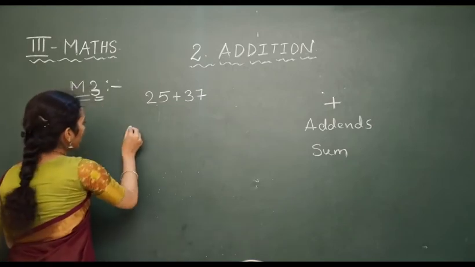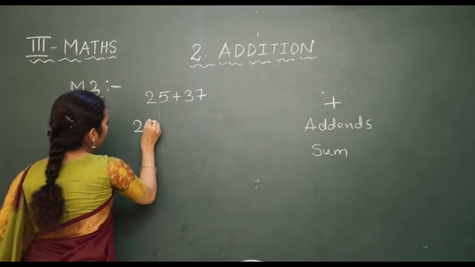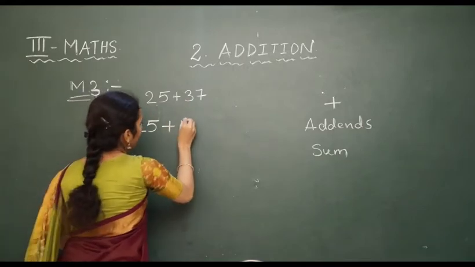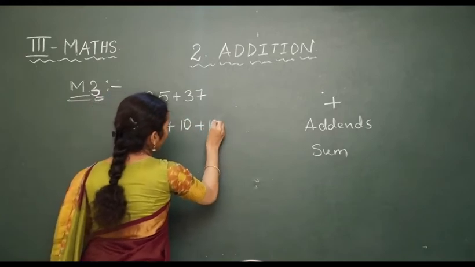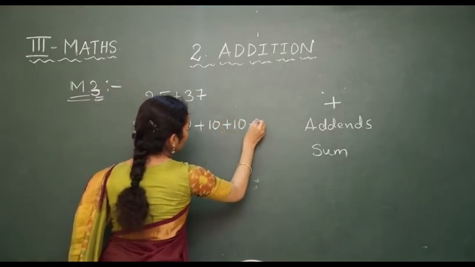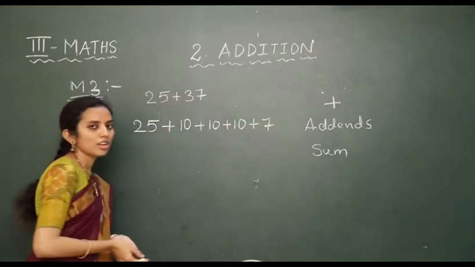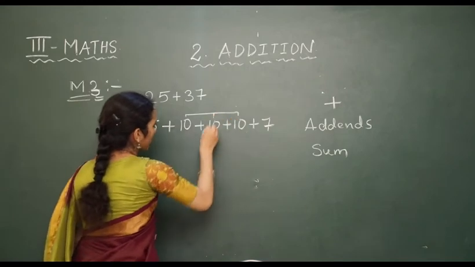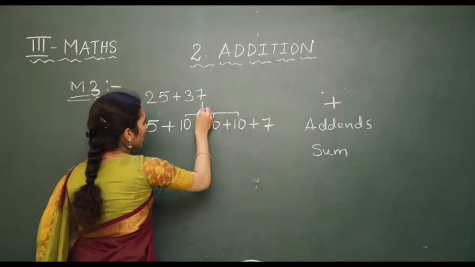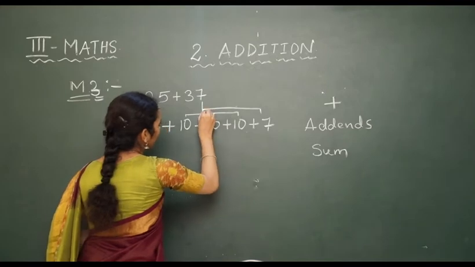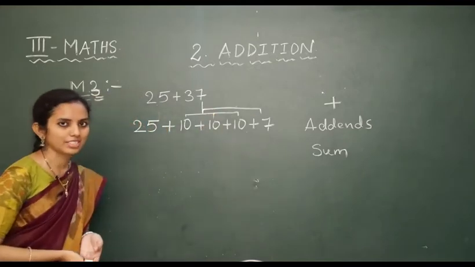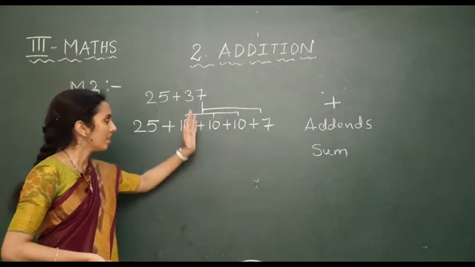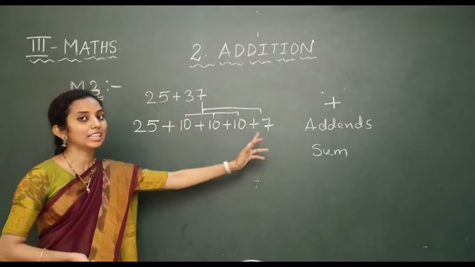We keep one number same and we write 37 as 10 plus 10 plus 10 plus 7. So 30 can be written as 3 tens, yes or no? And 7 as it is. So this is the third method of addition, that is breaking the number and writing in tens.